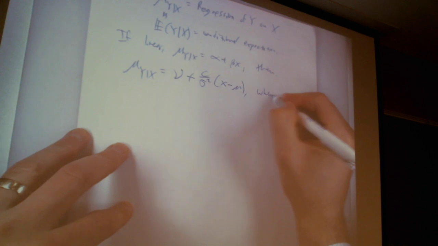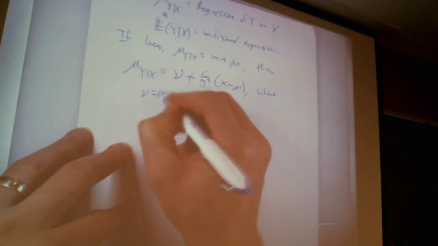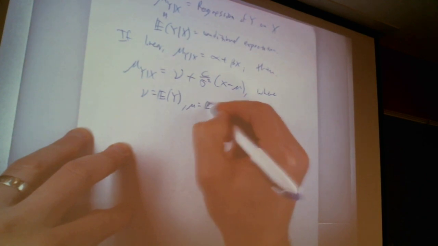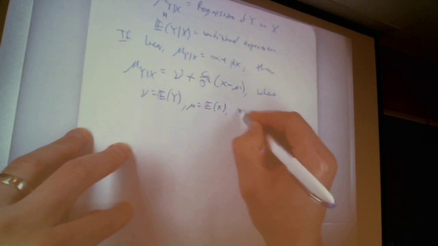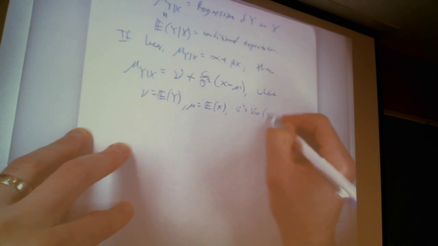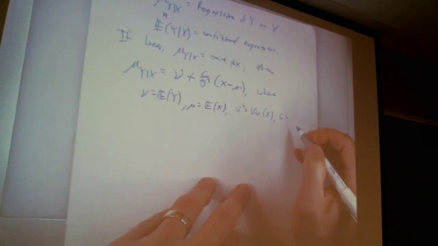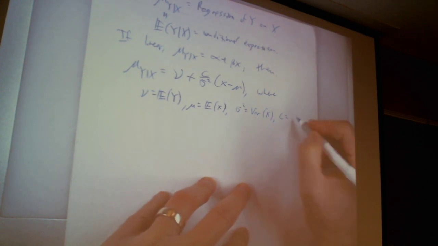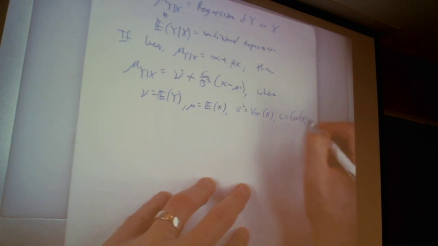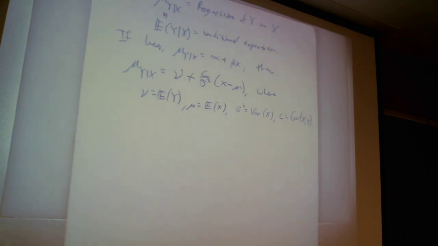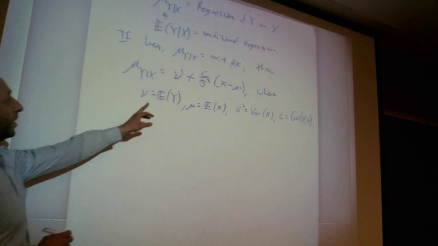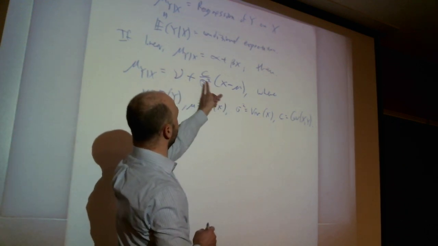This is what we proved last time, where nu is just the expected value of y overall, mu is the expected value of x overall, sigma squared is the variance of x, and c was the covariance of the random variables x and y. All right? So we proved this theorem. Remember, if it's linear, then the only way that it's linear is like this.